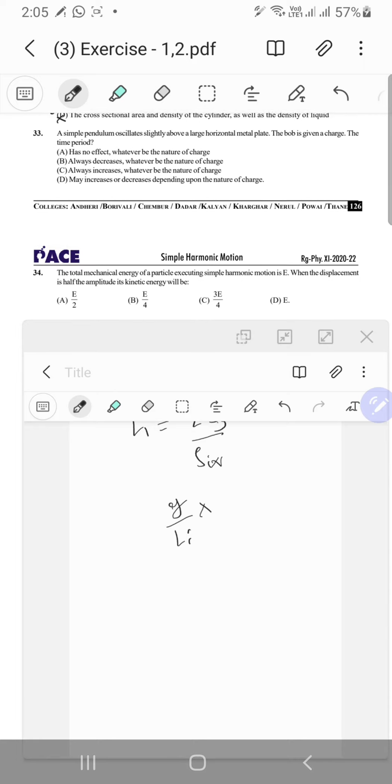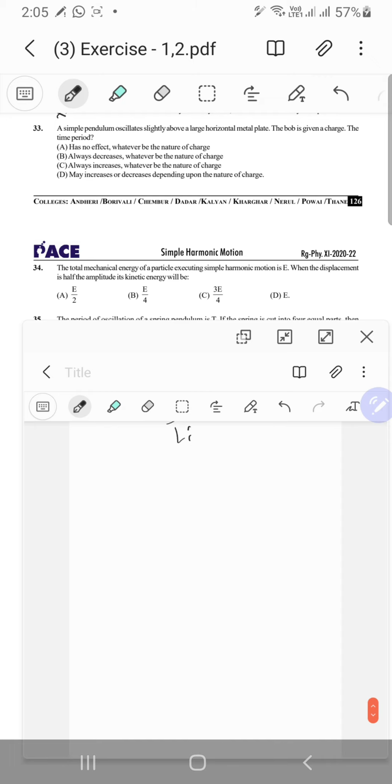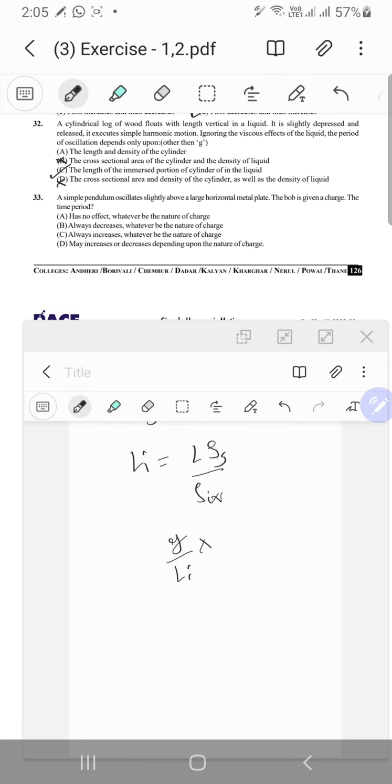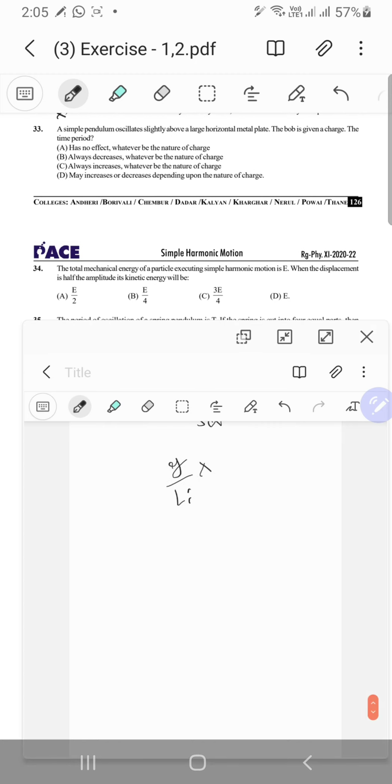Weird but true. A simple pendulum oscillates slightly, and by the way, this thing is more or less a constant because it's just slightly depressed, so it won't be making big changes in this. Oscillates slightly above a large horizontal metal plate. Wait, what?